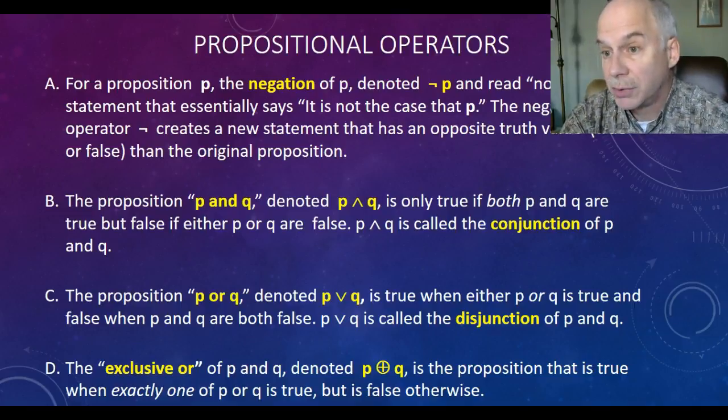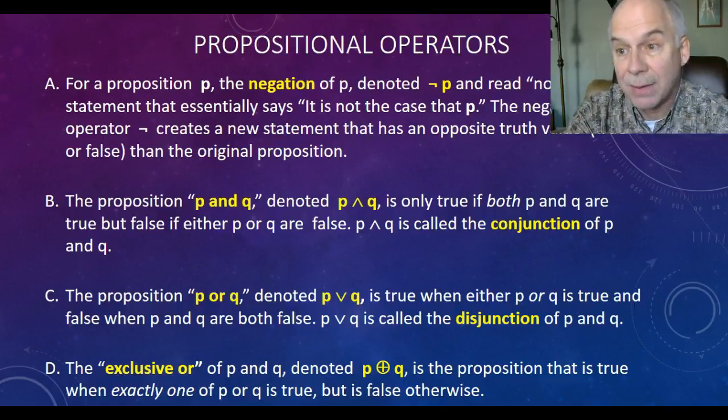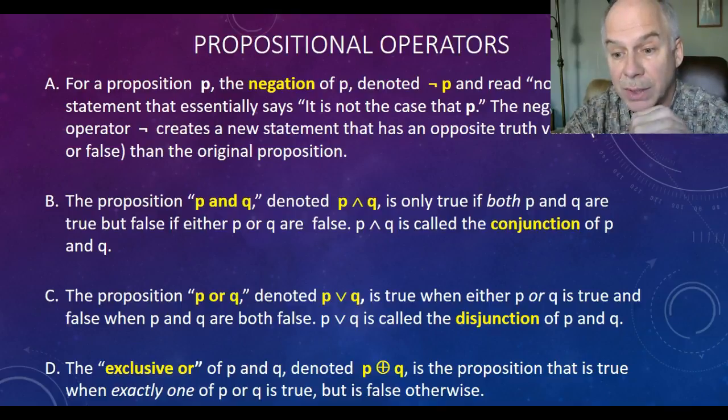It's only false when both P and Q are false. So if I make the statement, Athens is the capital of Georgia, or Mobile is the capital of Alabama, that's false, because neither of those statements are true. But if just one of them is true, then the or situation, called the disjunction, would be true.